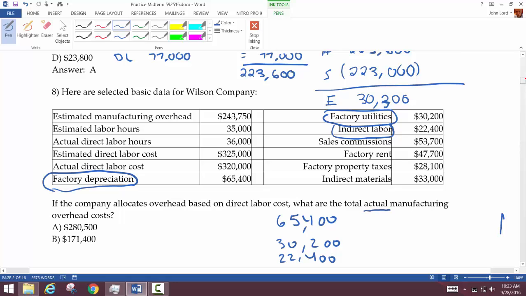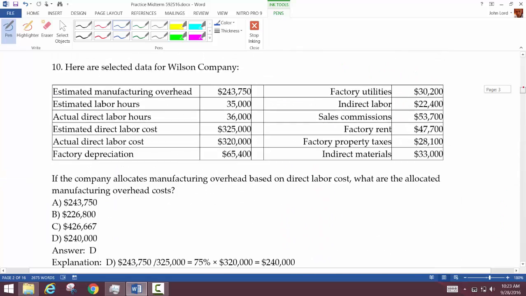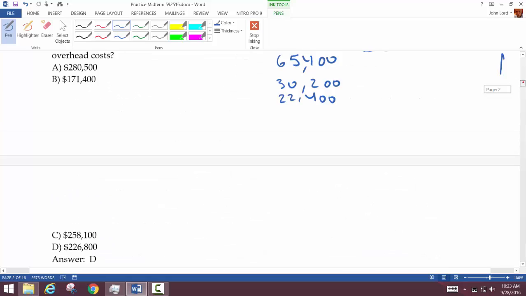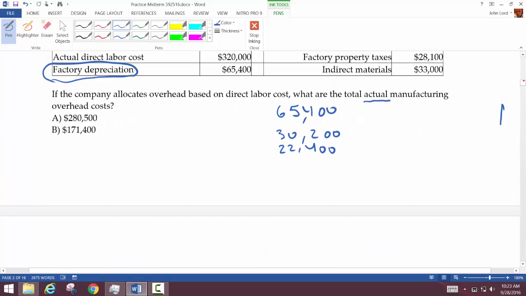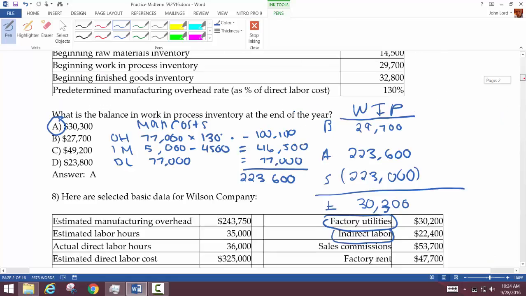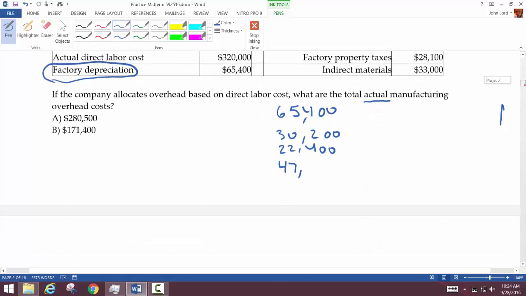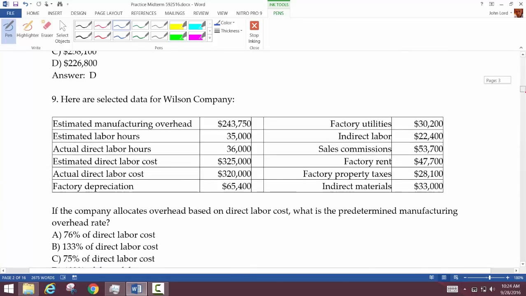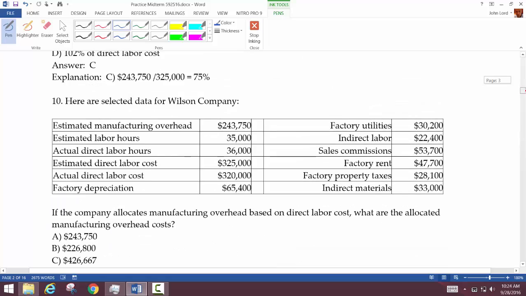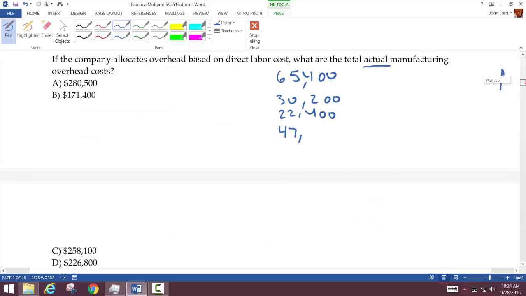The factory rent of 47,000. There you go. It was 47,000 for the rent, wasn't it? 47,700. Sometimes we forget that last part.